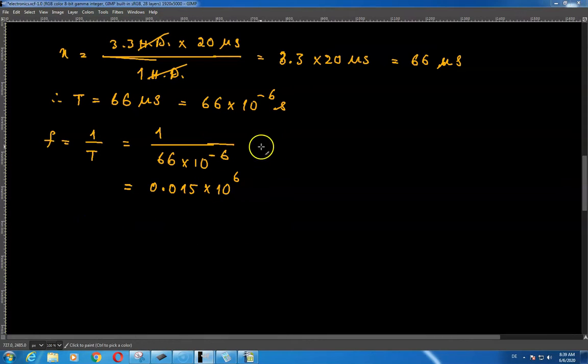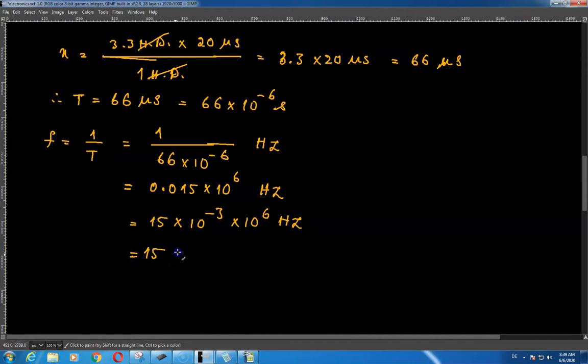So I'm going to write this as 15 times 10 raised to the power negative 3 times 10 raised to the power 6 hertz, which is the same thing as 15 times 10 raised to the power 3 hertz, which is 15 kilohertz.